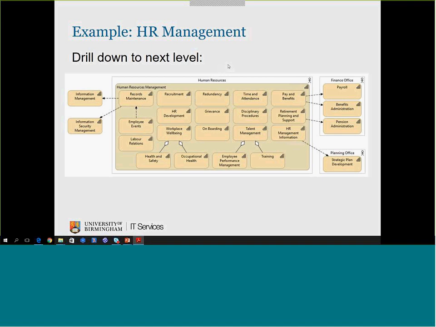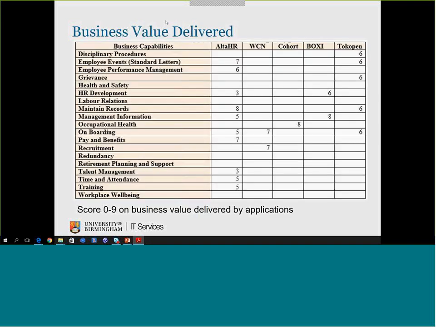The aim of the study was to see how well humans are served by technology and systems, but at a detailed level. So we take those capabilities and the different systems. It's cut down obviously for this presentation.